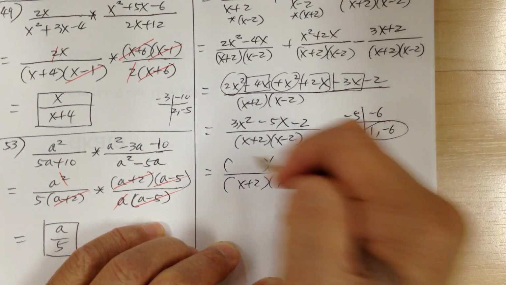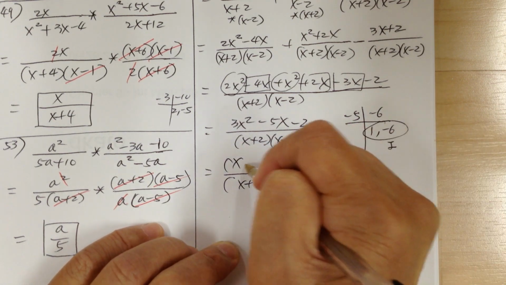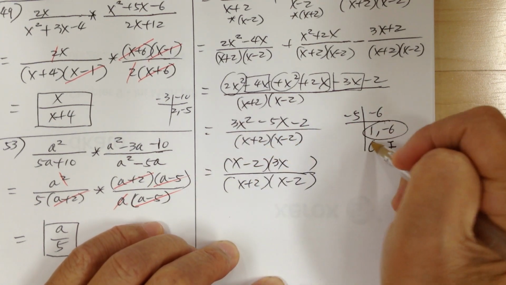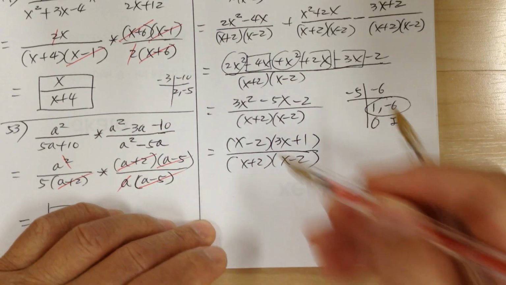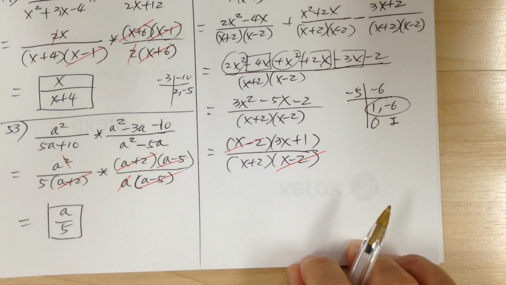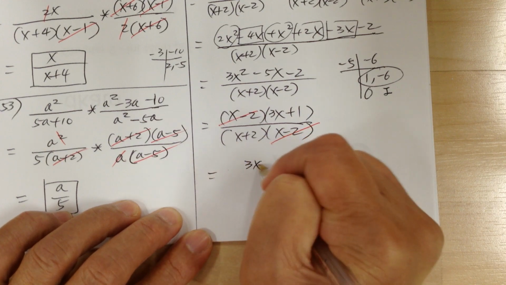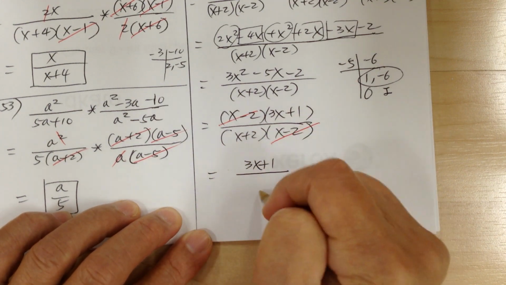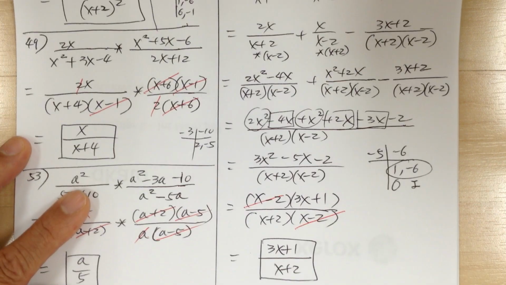So you're going to have x, 3x. So this would be the inside, so it would be minus 2. This would be the outside, plus 1. Okay. And you have x minus 2 and x minus 2. They will cancel out. So you end up with (3x plus 1) over (x plus 2). Okay, and that's it for this one.